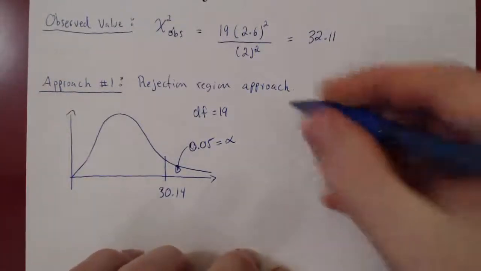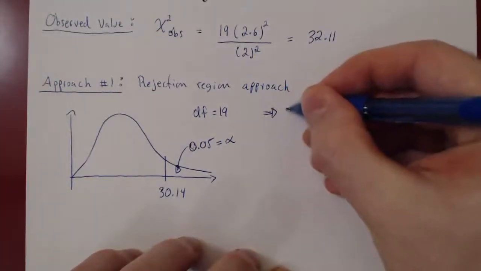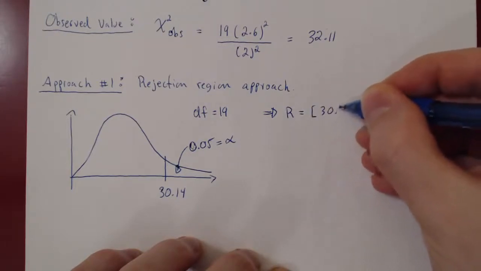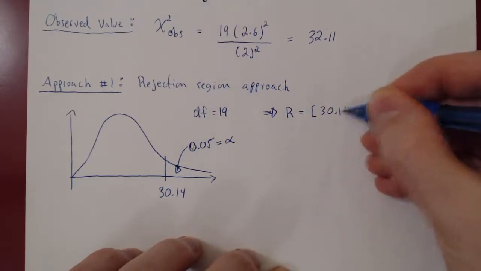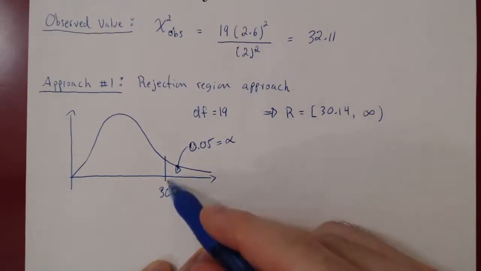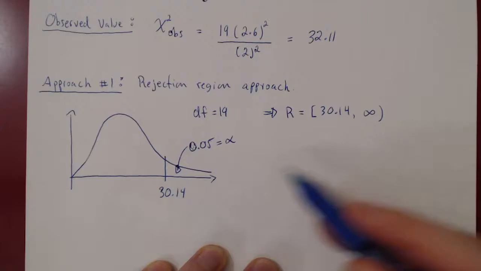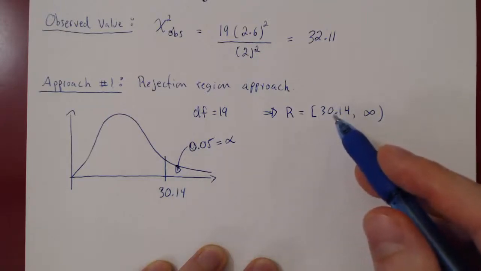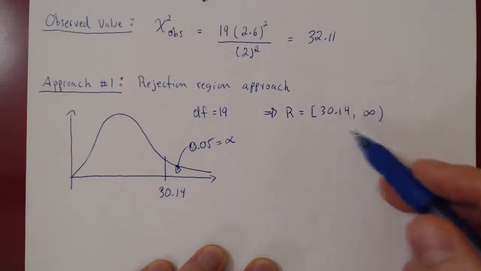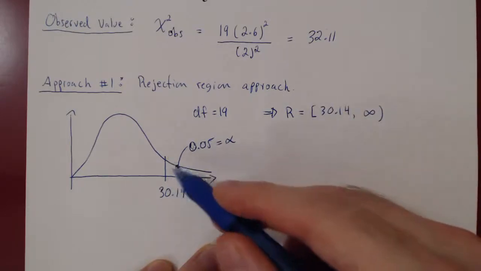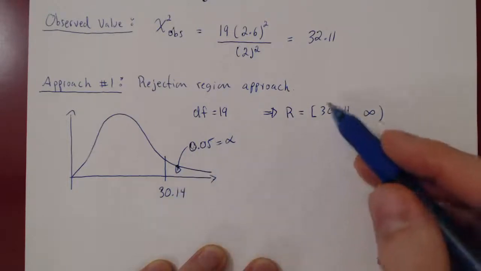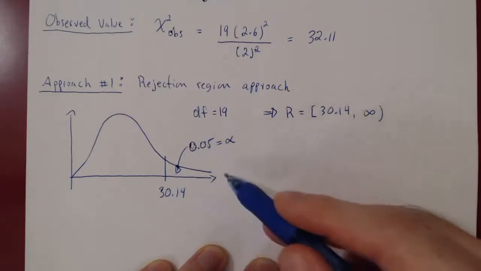So our rejection region is 30.14 all the way up to positive infinity. We are rejecting the values of chi-squared ranging from 30.14 up to positive infinity, and this interval contains the larger 5% of chi-square values.